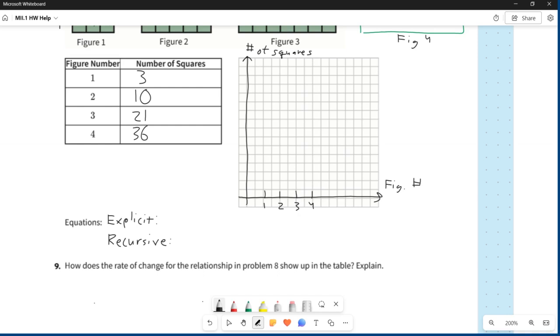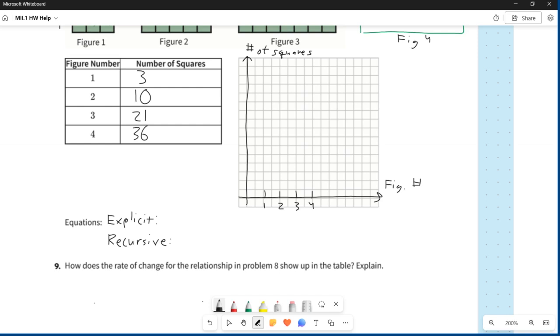We got plenty of space to continue if we wanted to. Now the vertical scale is a little bit more complicated because we need to be able to fit at least 36 going vertically, and hopefully you can tell just by looking at this that there are not 36 boxes in the vertical direction. So we're going to have to come up with some sort of scale that makes sense.